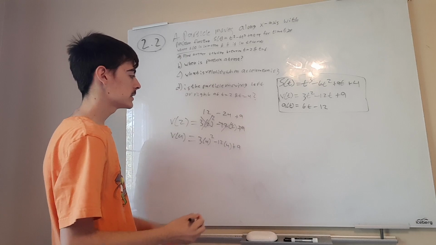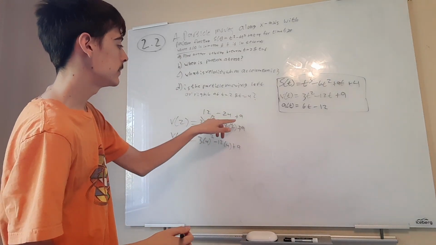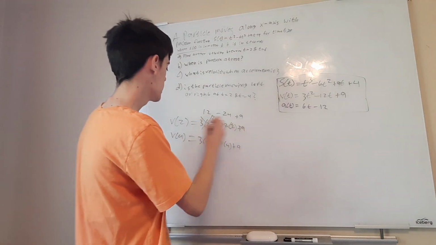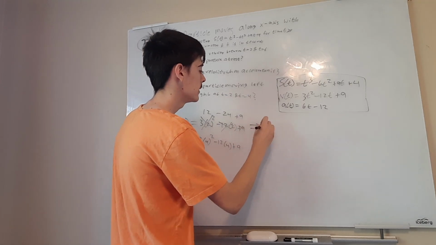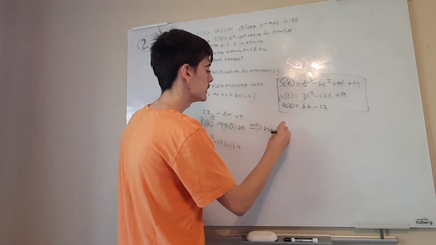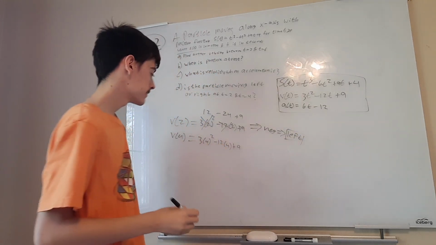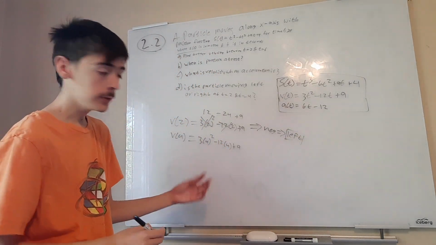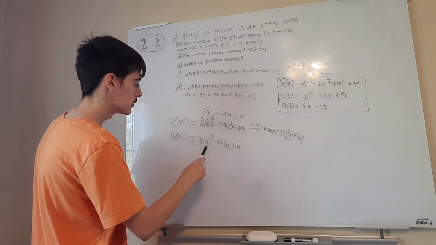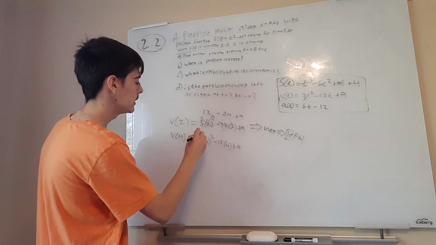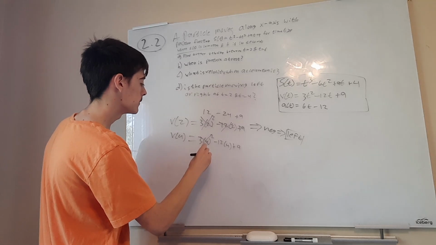And simplifying this is going to be negative because 12 plus 9 is going to be less than 24. So v of 2 is going to be a negative value, which means that it is going to be moving left at t equals 2. If we're talking about v of 4, however, that's going to be a bit different. 4 squared is going to be 16, and 16 times 3 is going to be 48.